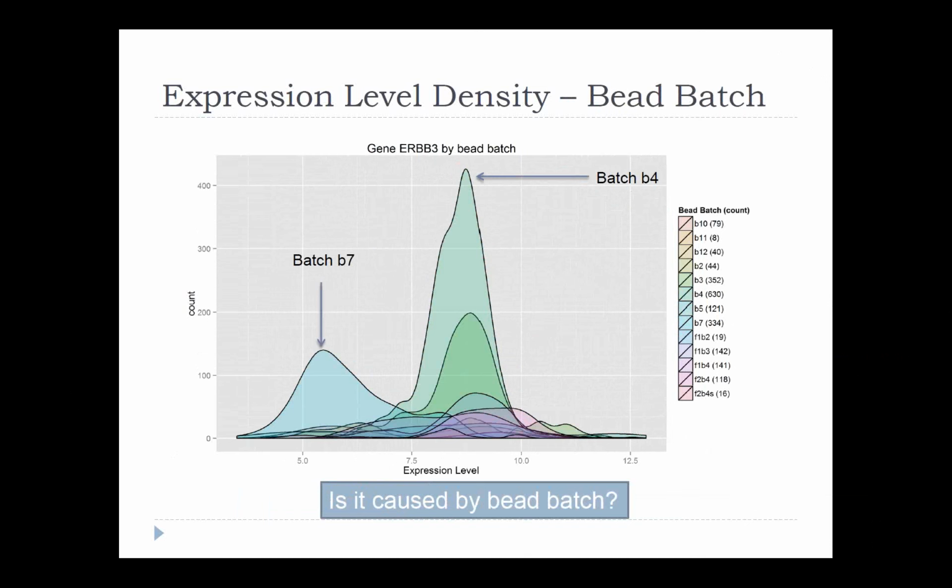I would find this a little more difficult to believe, because that would be correlated so strongly with this one bead batch, and the fact that these are Q normalized. I would think that it's something specific to this batch of beads.